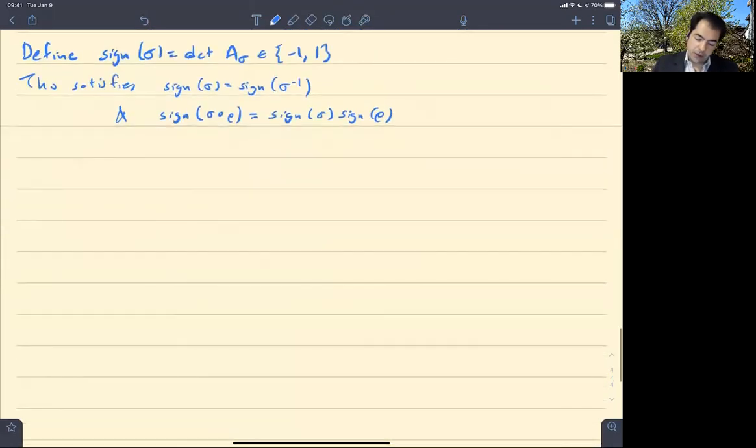Okay, so here is an explicit formula for the determinant of a matrix, and a really terrible way to compute the determinant of a matrix as soon as n gets large.